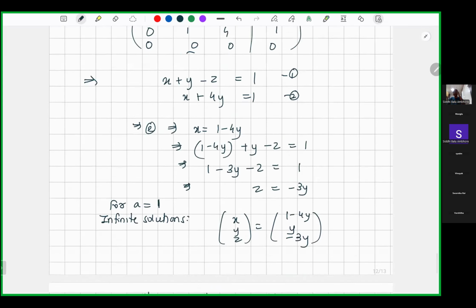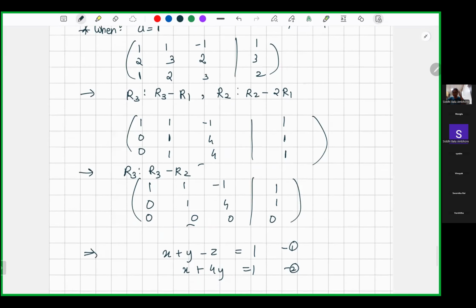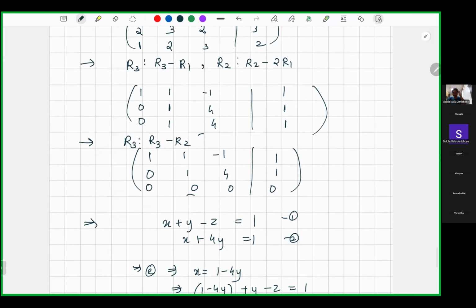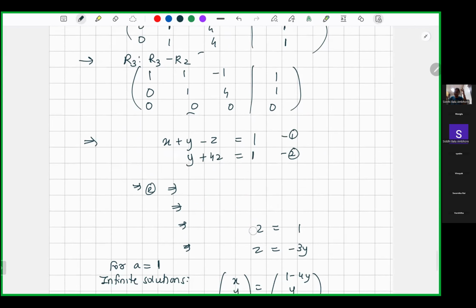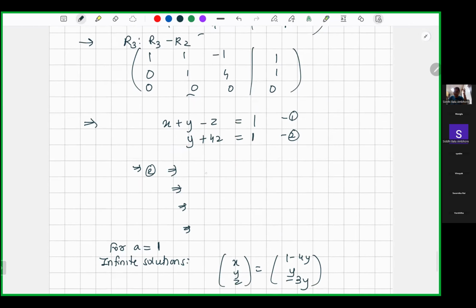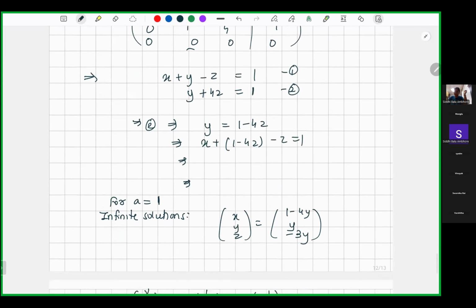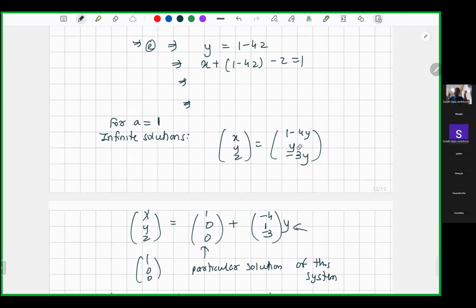But that here is not a solution to this. Oh, sorry. See here, that's the mistake I made. This is not x plus 4y. This is y plus 4z is equal to 1. And that's why it was a mistake. So this then becomes y is equal to 1 minus 4z, which means x plus 1 minus 4z minus z is equal to 1. Yeah, now it will be correct because I made a mistake here.